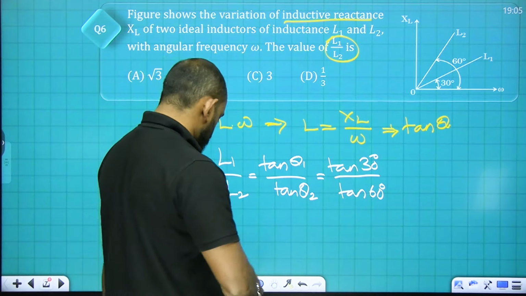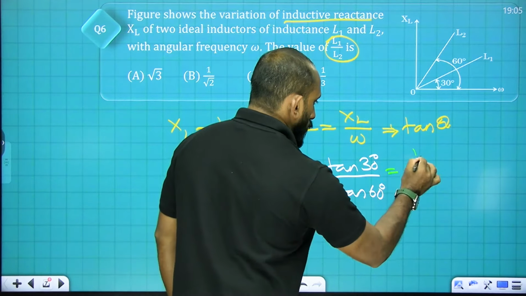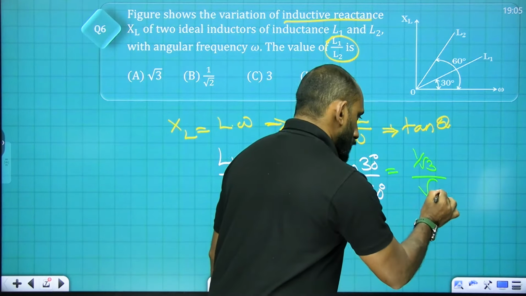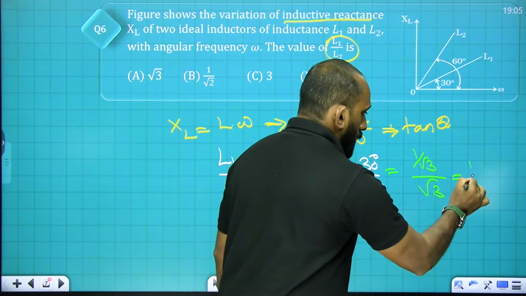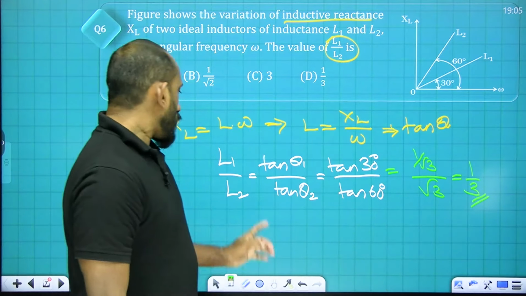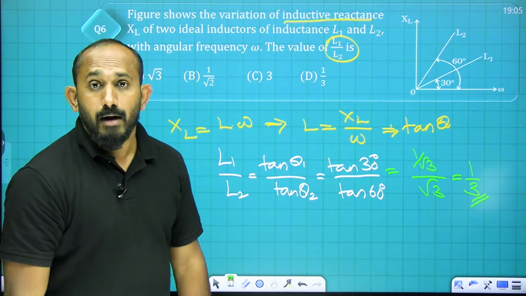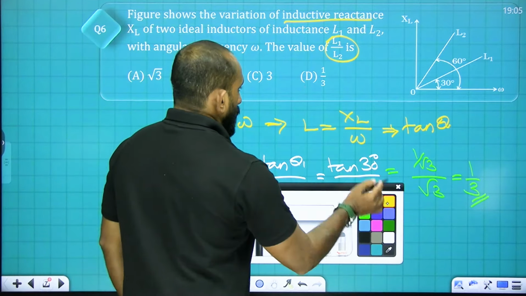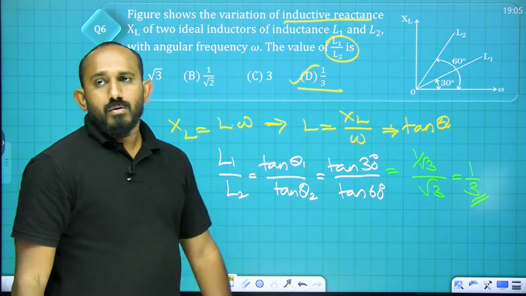You know, tan 30 is equal to 1 by root 3 and tan 60 is root 3. So that is 1 by root 3 into root 3, that is 1 by 3. So L1 by L2 will be 1 by 3. So option D is the correct answer, 1 by 3.